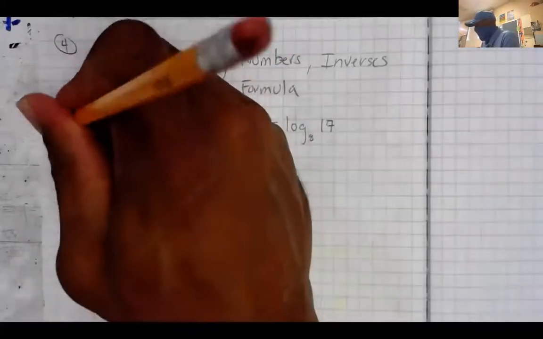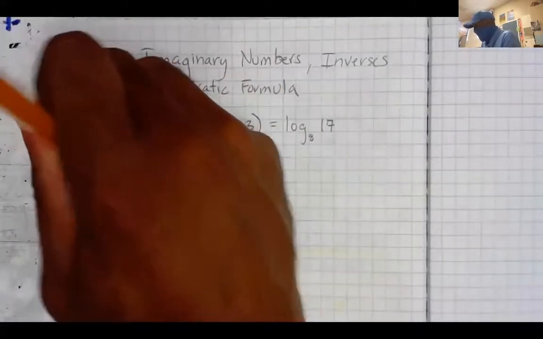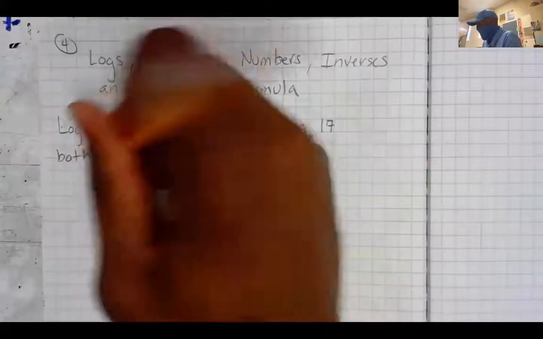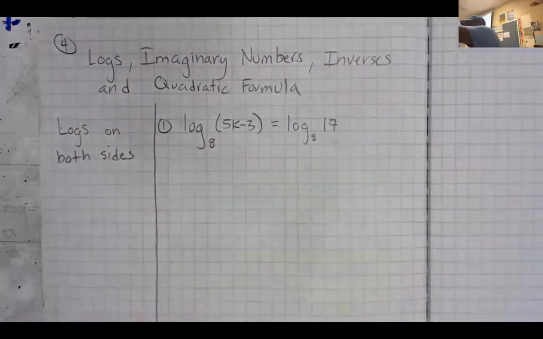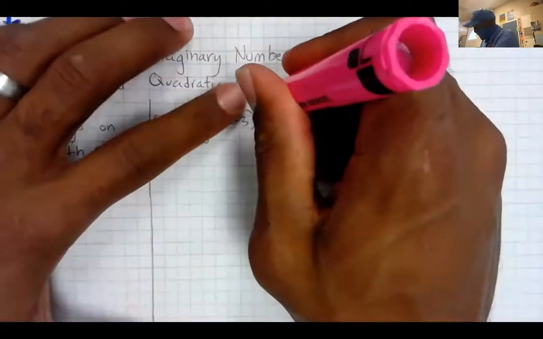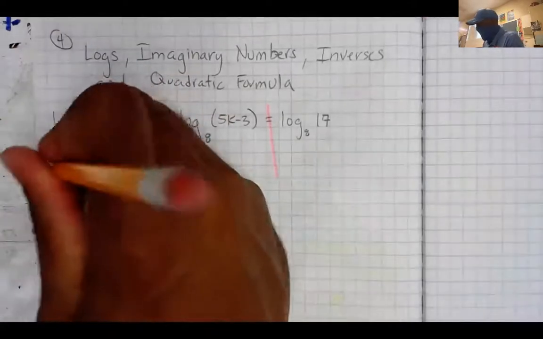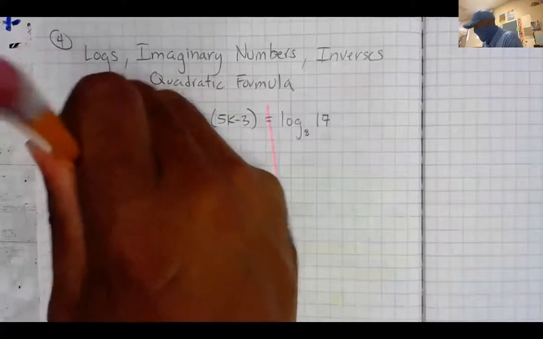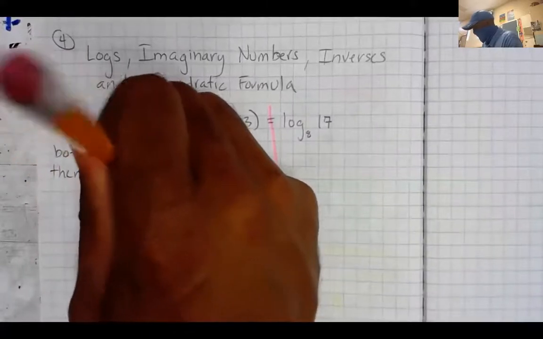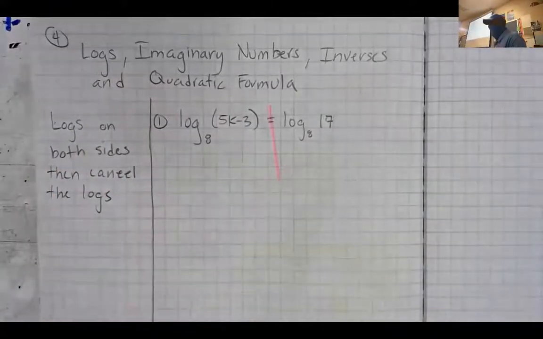So logs on both sides, and remember, when I say both sides, I'm talking about the equal sign. If I divide this equation in two through the equal sign, which I'll highlight as my divider there, logs on both sides, the goal is to then cancel the logs.